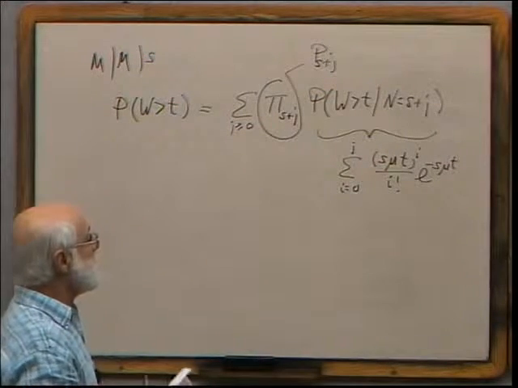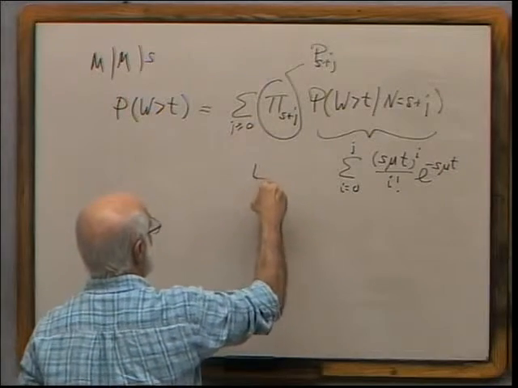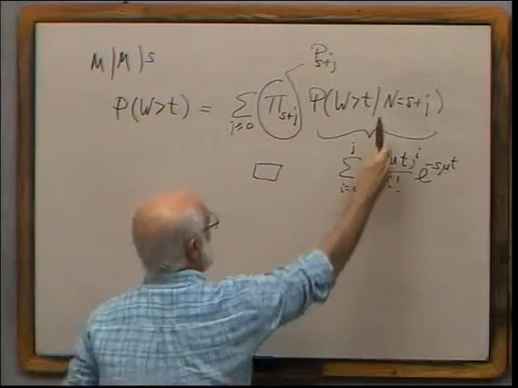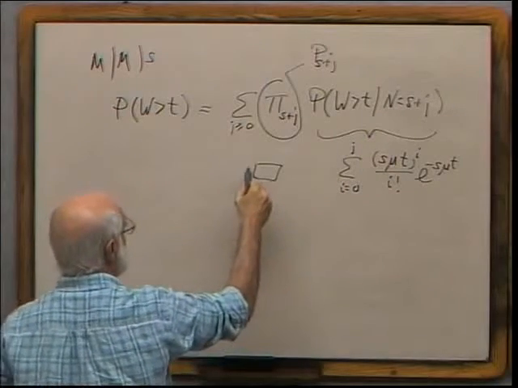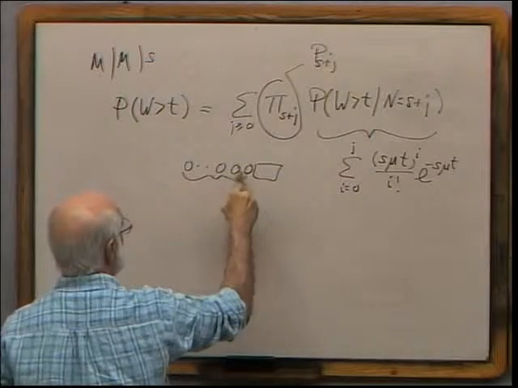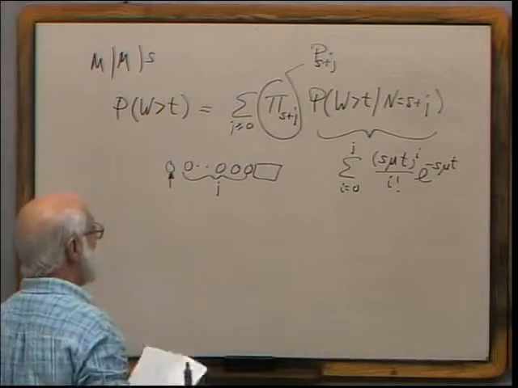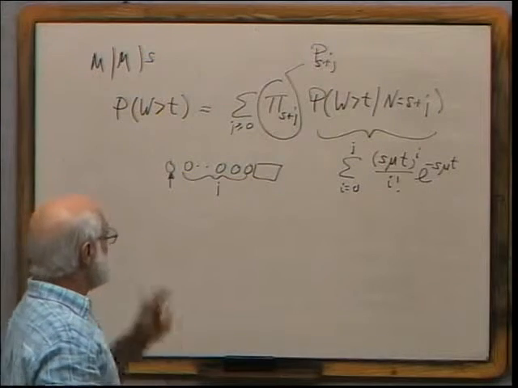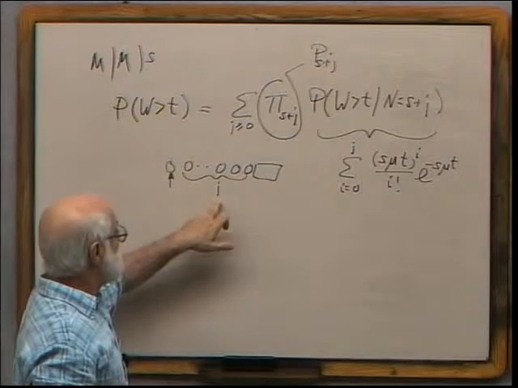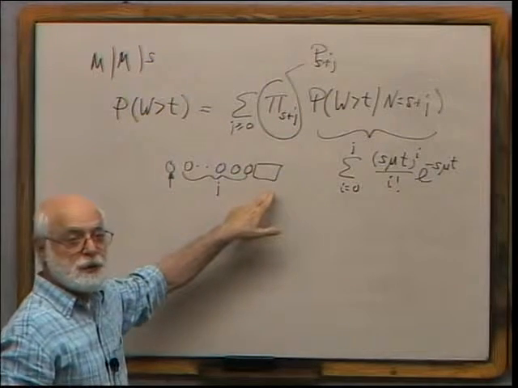First of all, the strategy was to say, well, when a customer arrives, and we're assuming that he finds all the servers busy and j in front of him, let's say that there are j customers in front of him, and there's our test customer right there. So he has to wait for the service completion of at least j plus 1 customers before he will enter service.